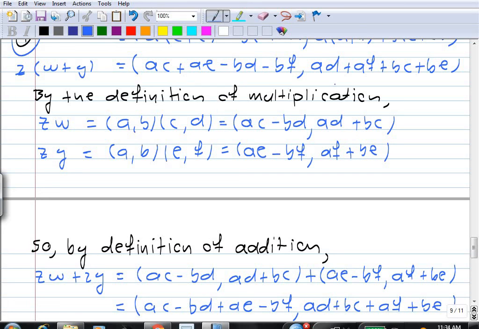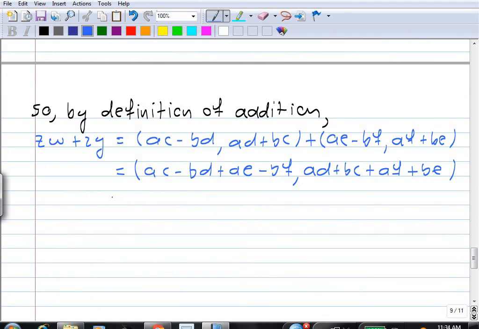And in the imaginary part we've got an AD and an AD, a BC and a BC, an AF and an AF, and a BE and a BE. So this is going to be equal to Z times (W plus Y) by expression 1, and we're done.